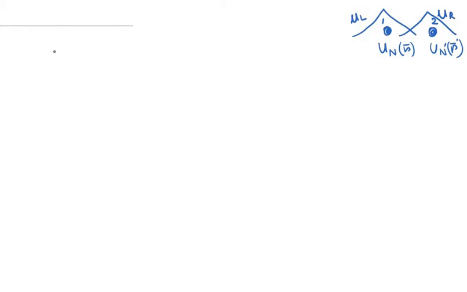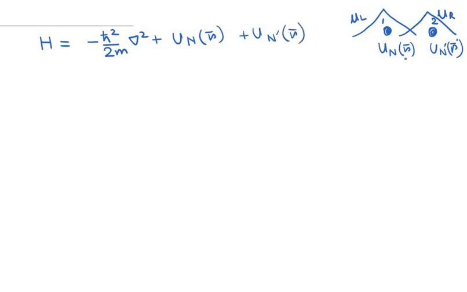Now the Hamiltonian of this entire system, what is it? The Hamiltonian of the entire system is now minus h bar squared by 2m del squared plus UN(r) plus UN dash (r). Because the electron present in this orbital is also going to feel the repulsion due to this nucleus 2 over here, that is why the Hamiltonian of the entire system is given by this form.